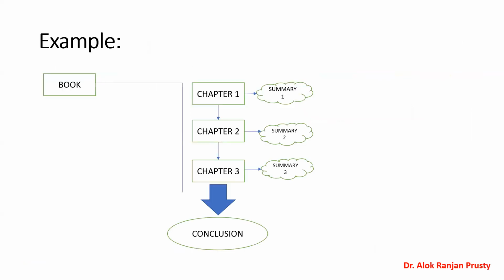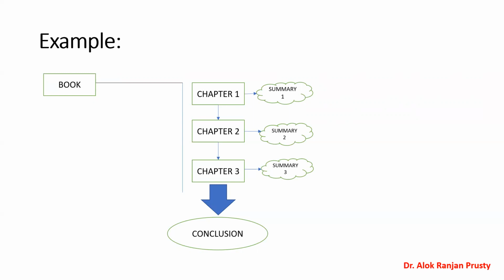Let us have a look at this particular example. Now, in our day-to-day life, we prefer to read books and we know that in every book there are different chapters. Now, every chapter will focus on different aspects.